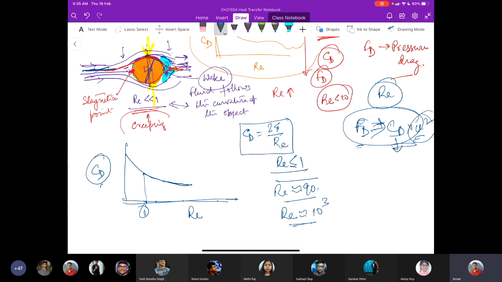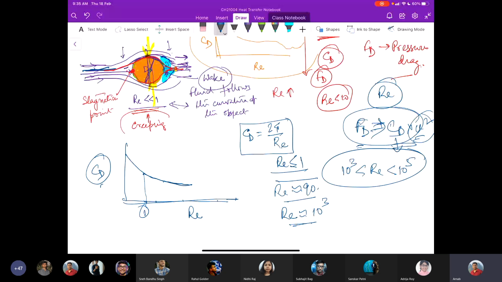Then comes the Reynolds number range of 10 to the power 3 to 10 to the power 5. We can call this the intermediate or moderate range of Reynolds number.